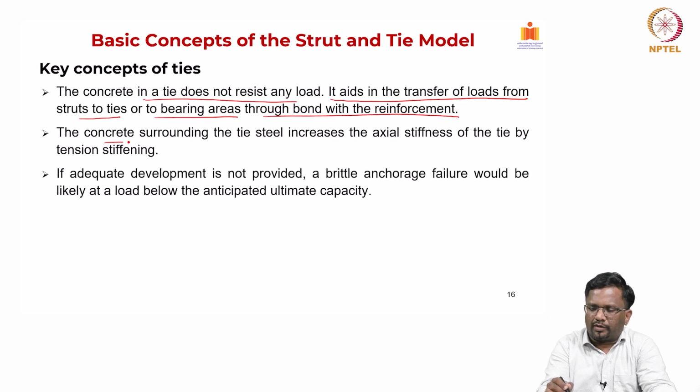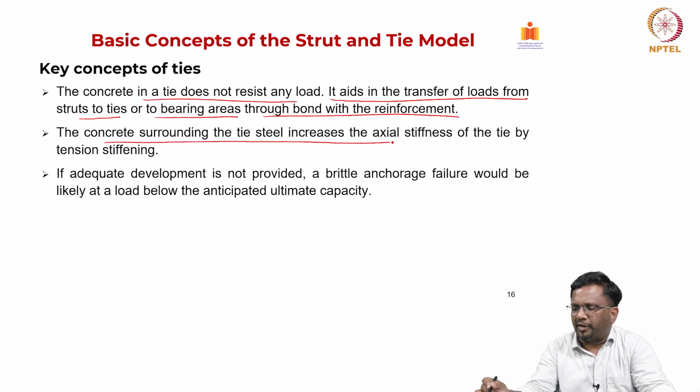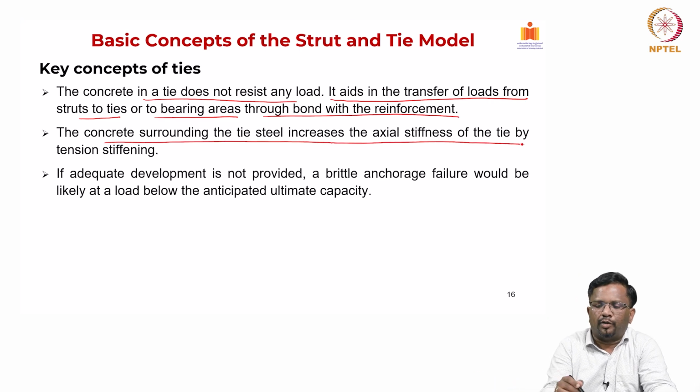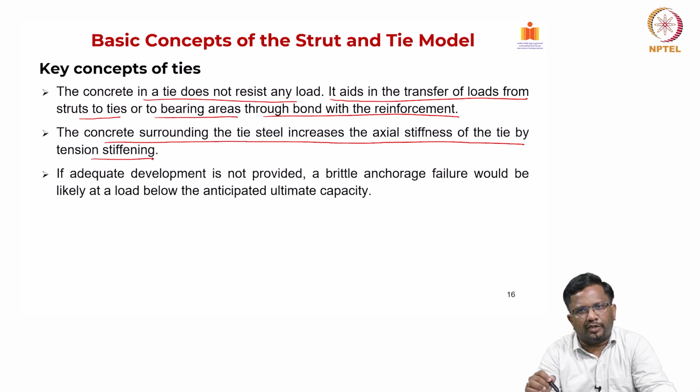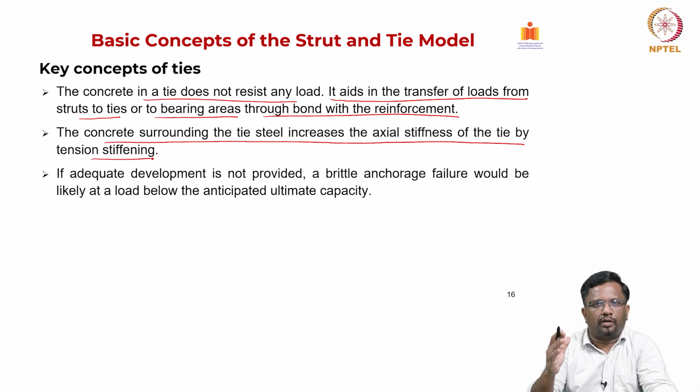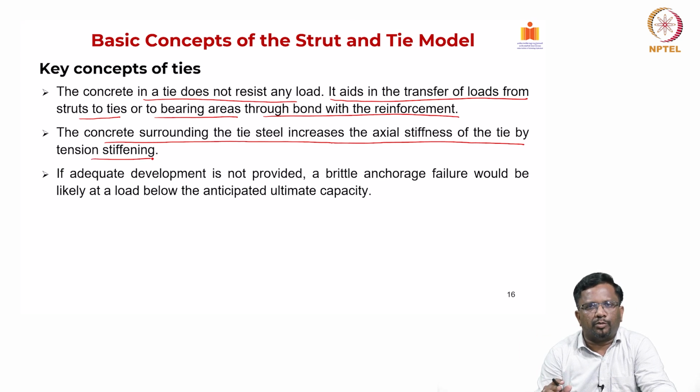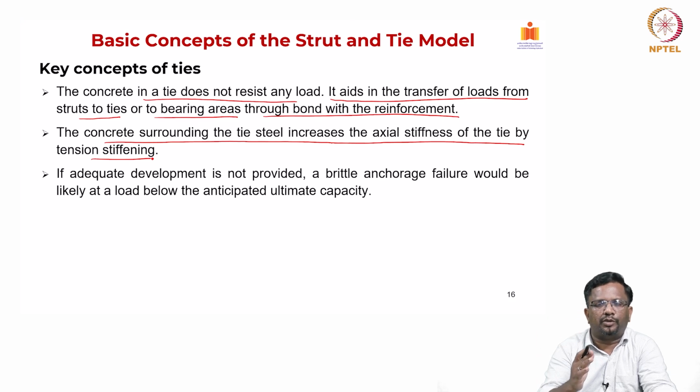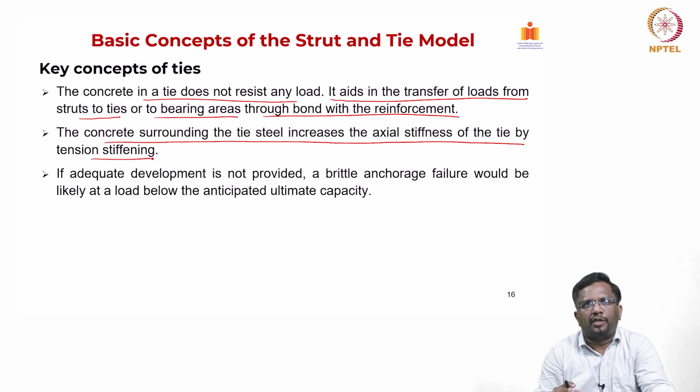Now, the concrete surrounding the tie steel helps in increasing the axial stiffness of the tie by a phenomenon called tension stiffening, because at the crack location concrete does not contribute. However, between the cracks, you know that in pure tension, concrete still has the ability to transfer the tensile stress, and that phenomenon is called tension stiffening. So, it helps in increasing the axial stiffness of the steel.